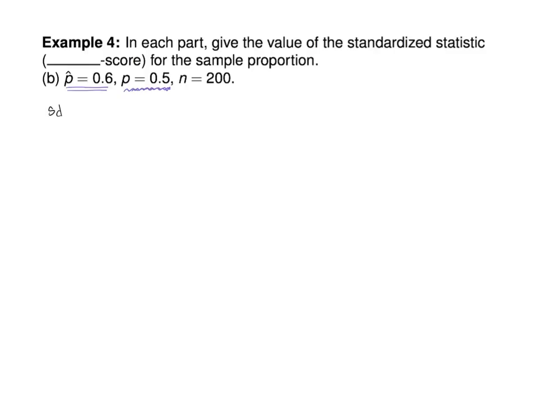Okay, so first let's find the standard deviation of p hat. So I think that will not change. No, it will change. 0.5 times 0.5 over 200 this time, so that is going to be different. That's approximately 0.0353.